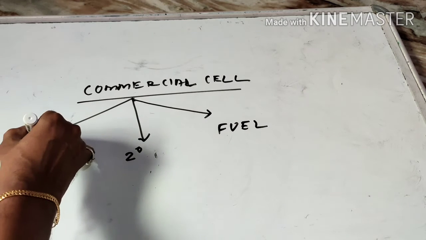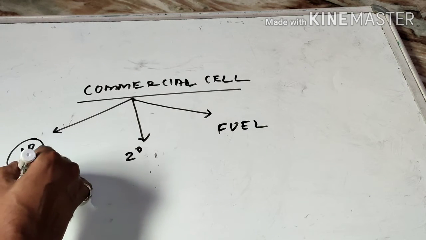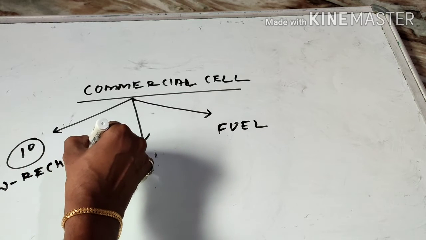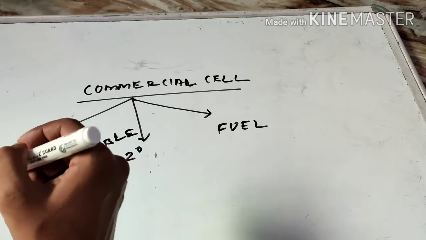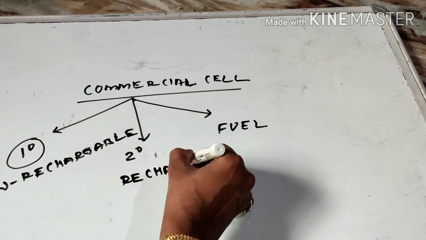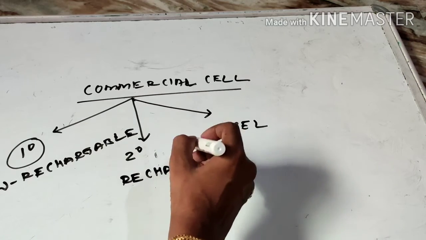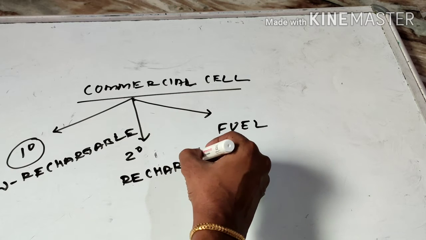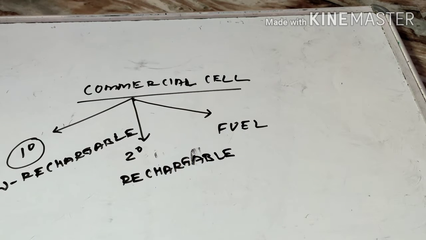The primary cell itself is a non-rechargeable cell. And the secondary cells are the rechargeable cells.